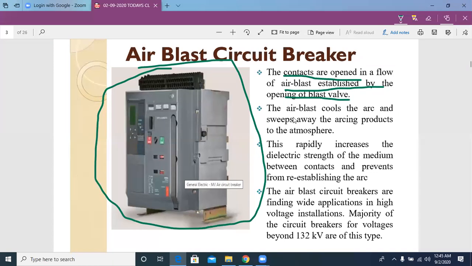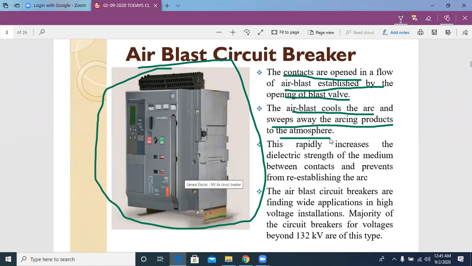Now next point, the air blast cools the arc and sweeps away the arcing products to the atmosphere. So when the pressure air flows along with the arc, it cools the arc, and also it sweeps the free electrons from the contacts. Then automatically the dielectric strength of the medium in between the contacts of the circuit breaker is increased.